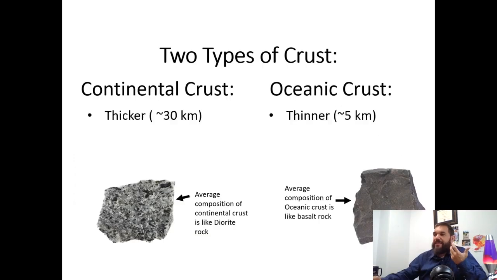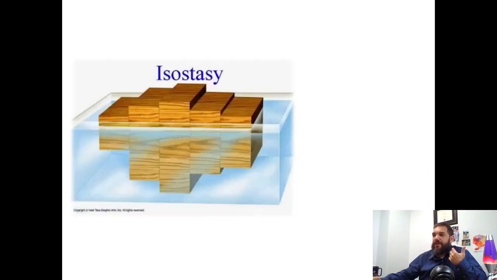If we had a density that was greater, maybe you can imagine the continental crust sort of like blocks of wood floating in water. If these blocks of wood were heavier, what would happen? The blocks would sink deeper into the liquid.